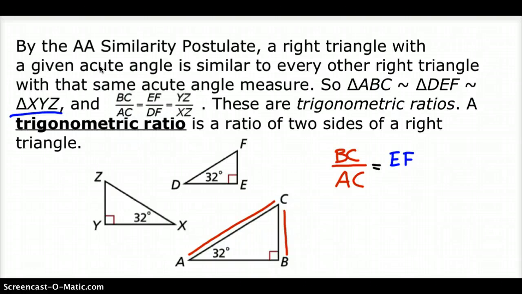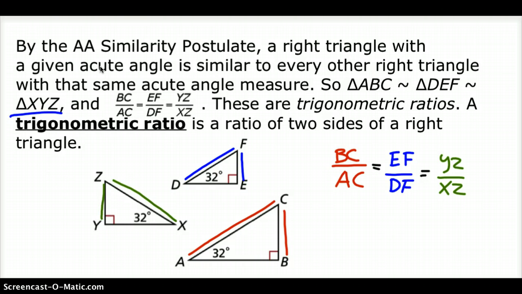Obviously we're talking about this side to this side. Then finally that's supposed to be equivalent to YZ over XZ, where YZ is here and XZ is here.